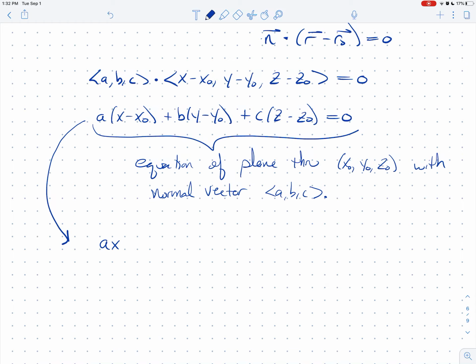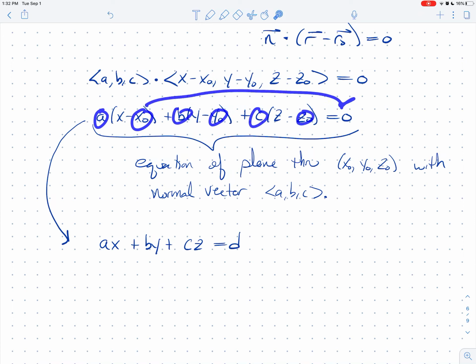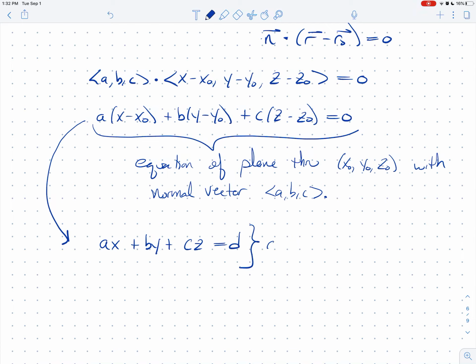And the point is, when you do this, you'll get Ax plus By plus Cz equals some D. If you multiply, this is a number, this is a number, and bring all those numbers over, that's your D. And so that's one way that you can write planes. So this is another form of the same thing, another way to write the equation.